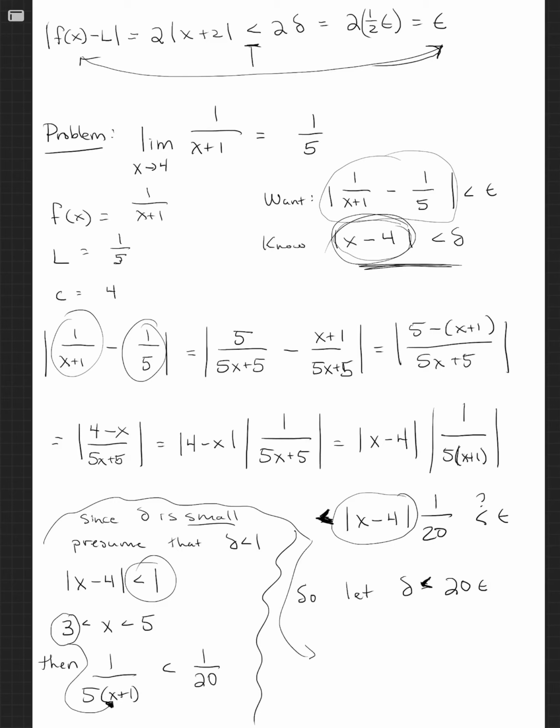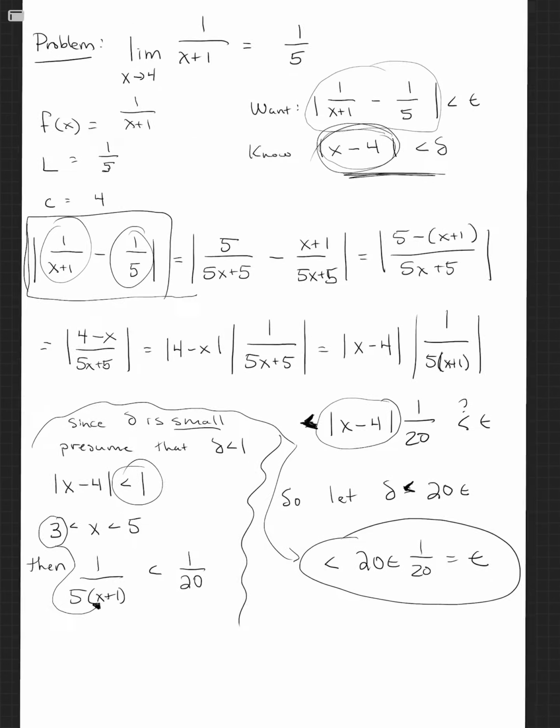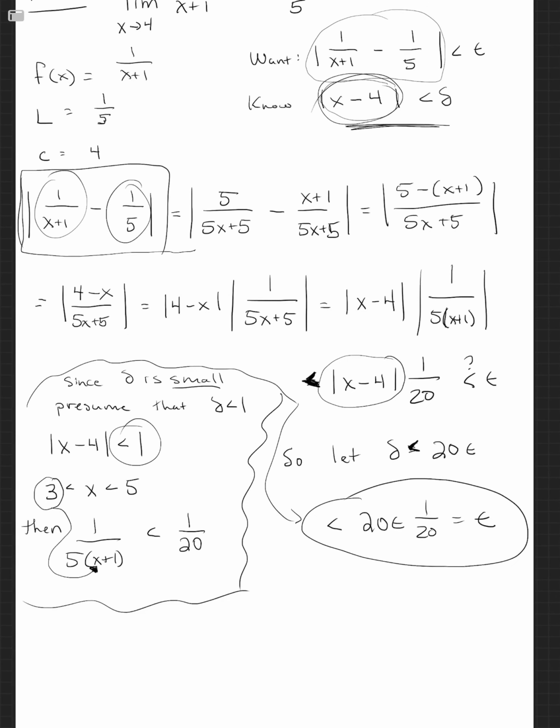So let delta equal 20 epsilon, or less than 20 epsilon rather. And we get that we're less than 20 epsilon times 1 over 20, which is just epsilon. Right? So if we sort of condensed all this back up to our first piece, we've done all this algebra, less than our last piece, we've gotten that f of x is less than epsilon.